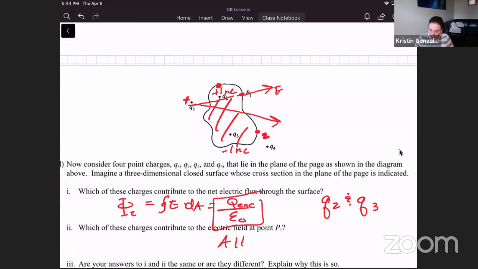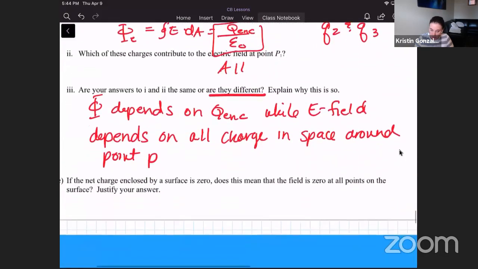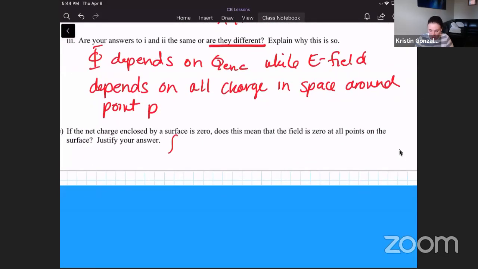Some people may want to say, well, because Gauss's law is the integral of E dot dA equals Q enclosed over epsilon naught, if the Q enclosed is 0, that means the field has to be 0. Well, that's only if you can use Gauss's law. And we can't use Gauss's law here because our field is not the same everywhere on that surface. So no, it's not true.